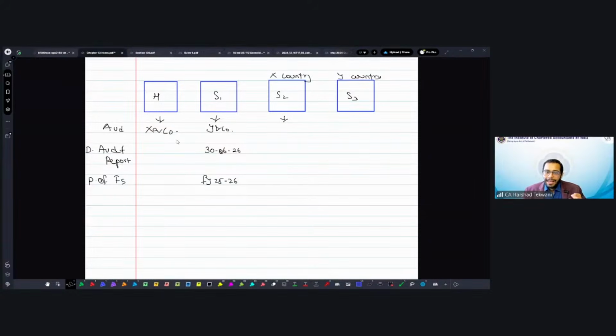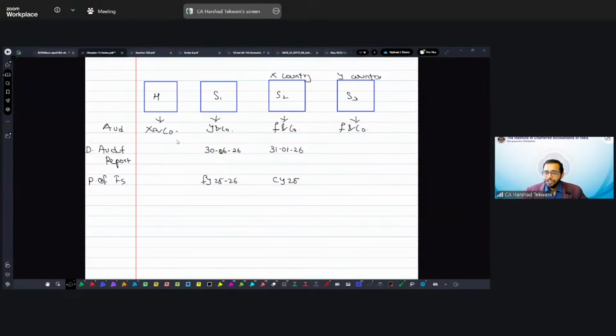Let's say S2, there is some foreign auditor, FN company. Again, this is also outside India. So here, this is also being audited by FN company. Now, the period that was adopted by the S2 subsidiary 2 was calendar year 25, and the audit report was issued on 31st of Jan 26.